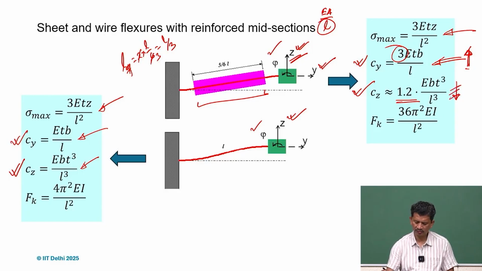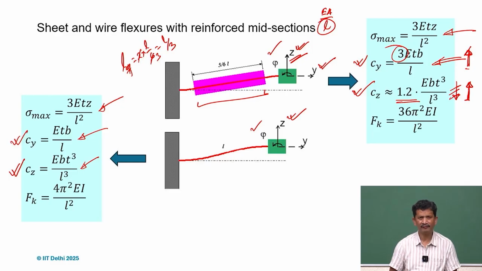If you are talking in terms of stiffness, the stiffness has also increased, which is not desired. But there is a 20% increase in stiffness in the compliant direction, and that's what we see here.